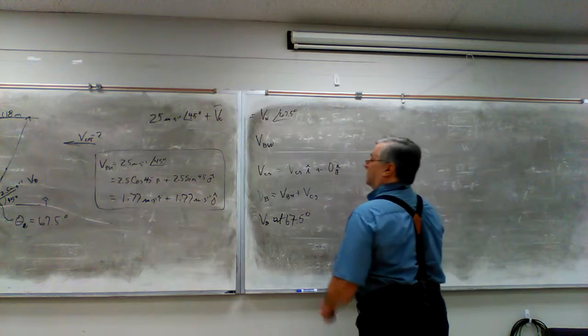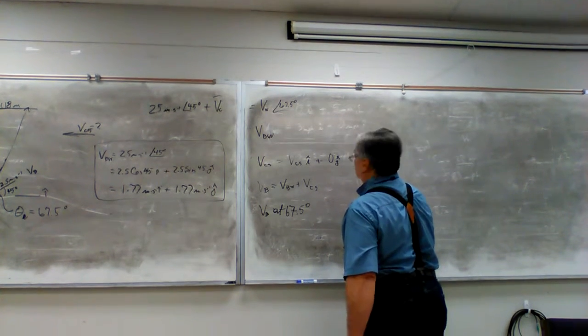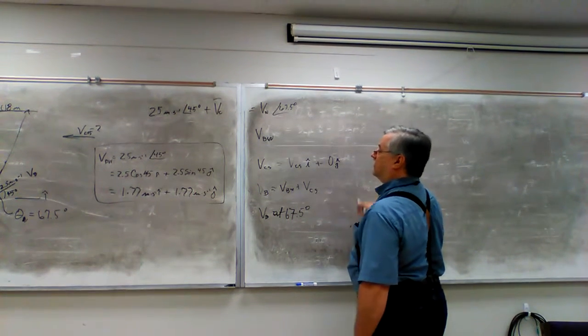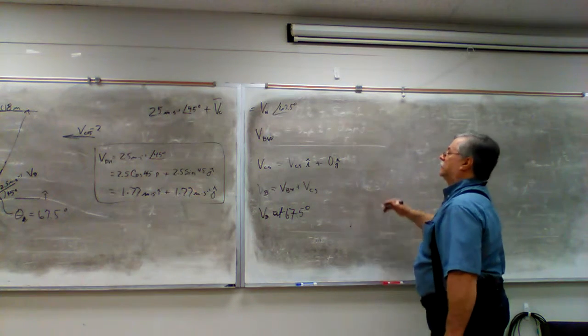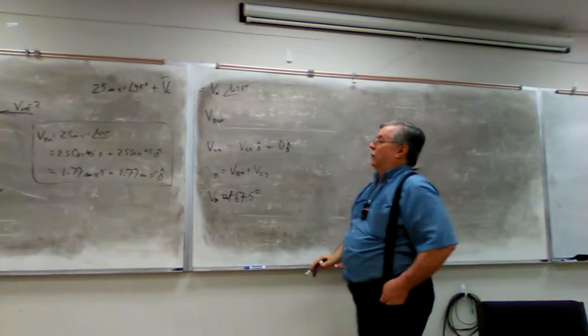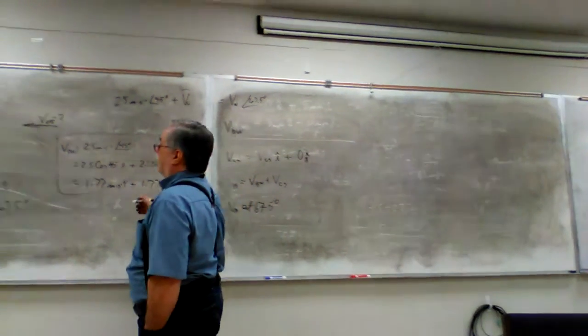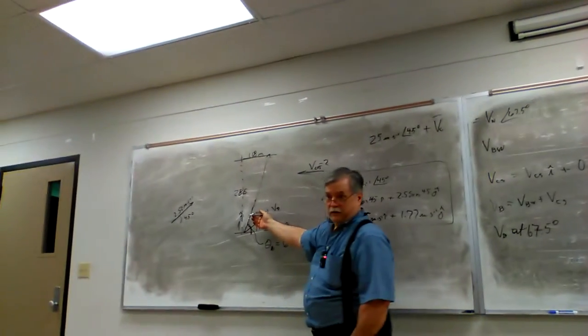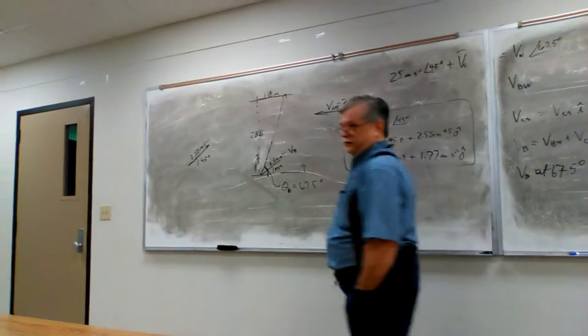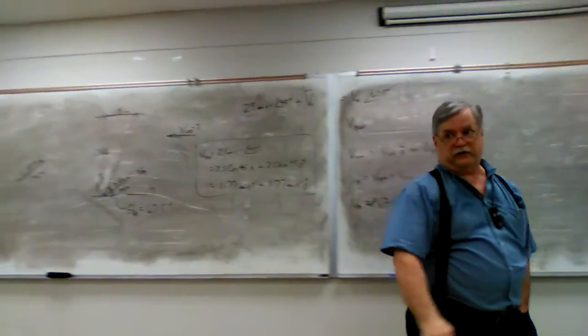It's still going to have the same vertical component, because the vertical component here is 0. What is going to change is the horizontal component of its velocity. It's going to lose this much relative velocity.